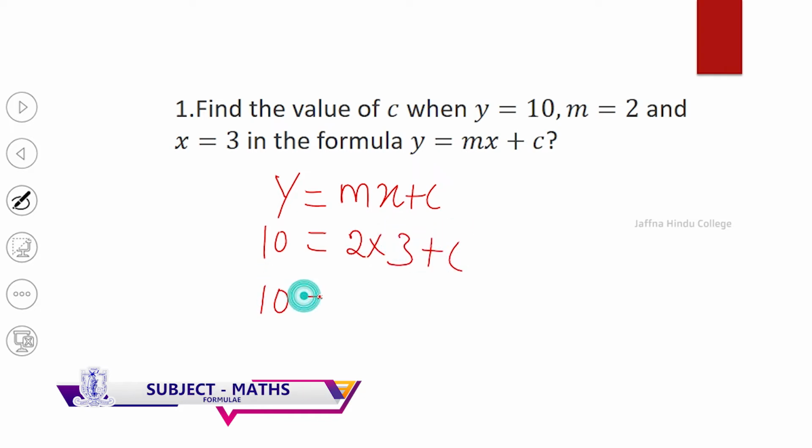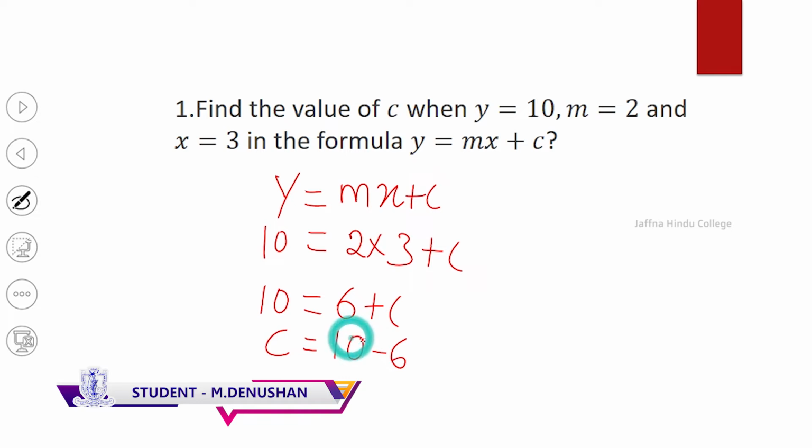Then we obtain 10 is equal to 6 plus c. To find c we have to subtract 6 from both sides. By that we obtain the answer c is equal to 4. This is the answer, and we'll move to the next question.